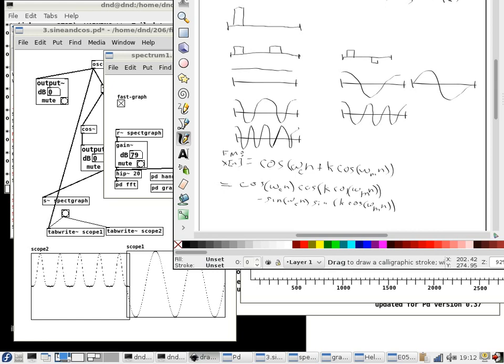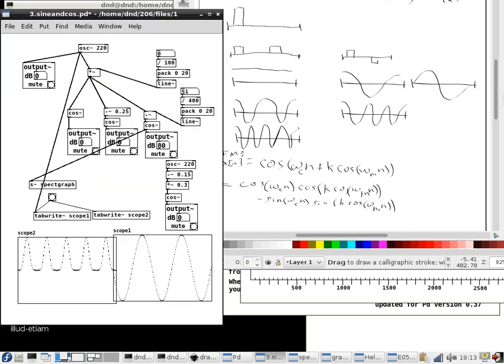Right? Okay, so this is a direct application of the formula that the cosine of A plus B is the cosine A cosine B minus sine A sine B.